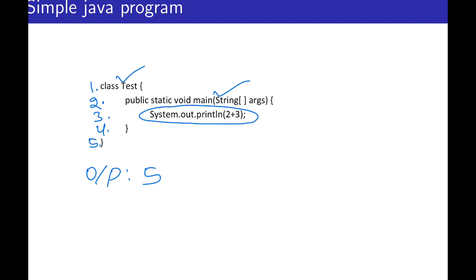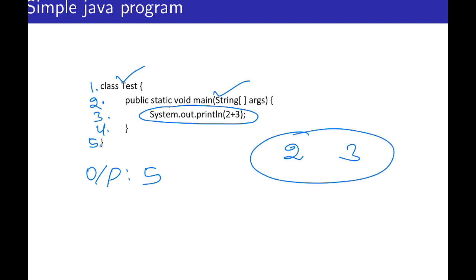So let us take a close look at why this output is generated. Line 3 of this program, System.out.println(2 + 3), computes the addition of 2 and 3 and prints the result 5.